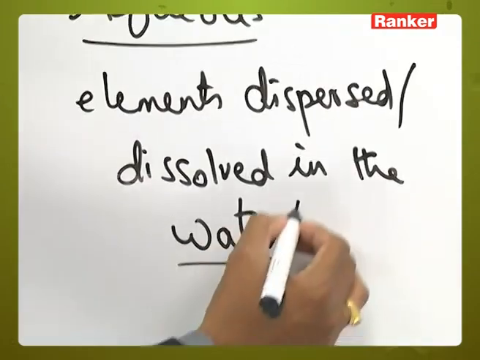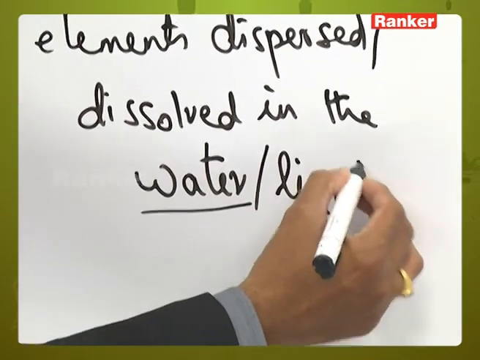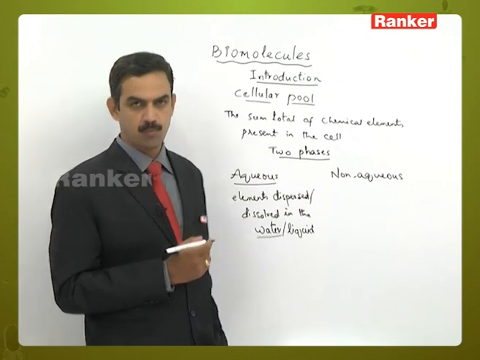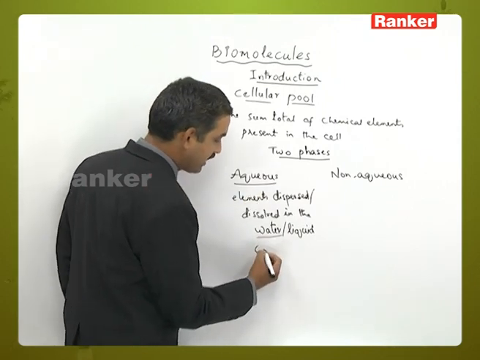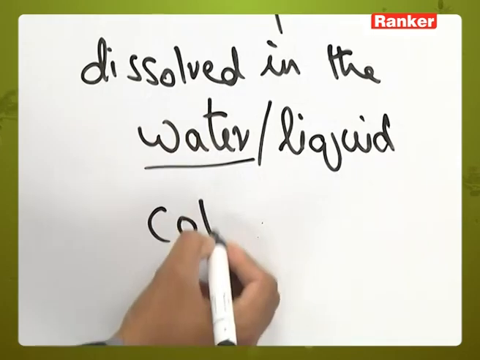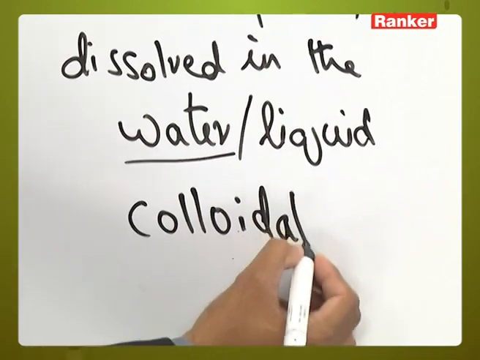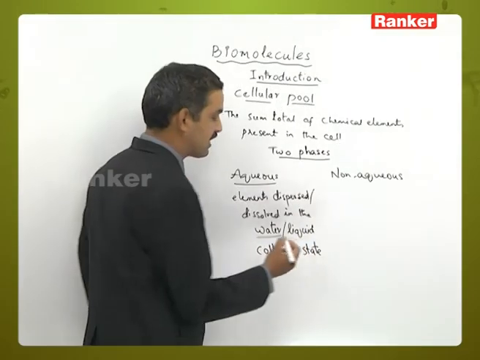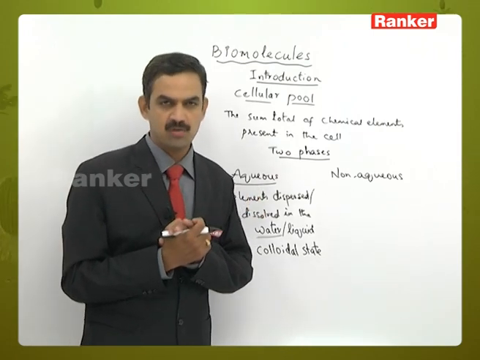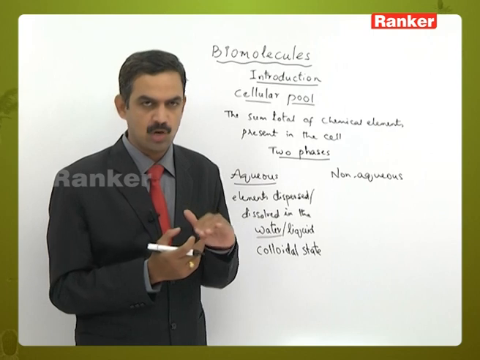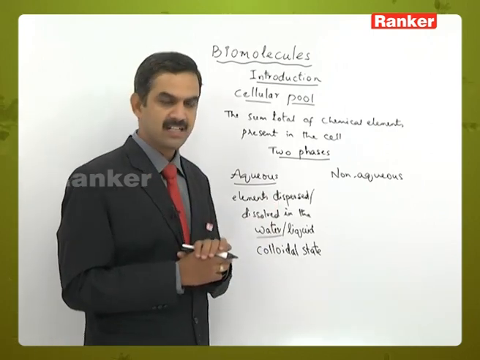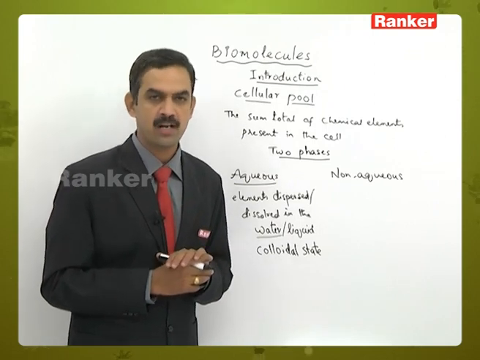Instead of saying water, if you say liquid content of the cell, that forms the aqueous phase of the cellular pool. All these aqueous elements exist in a colloidal state or colloidal form. Some may be dispersed, or we can see them as microscopic structures which are not dissolved, and some of them are dissolved. Such non-dissolved or dispersed ones are colloidal in nature, and such a state is called the colloidal state.